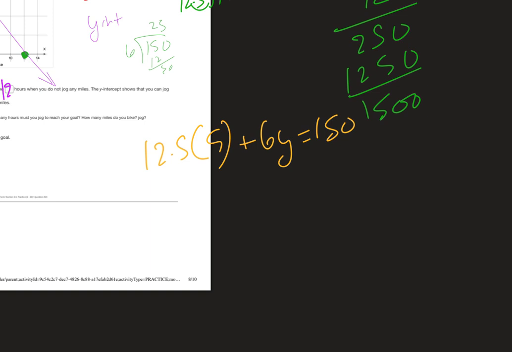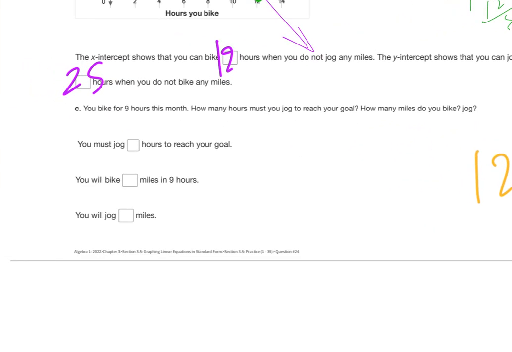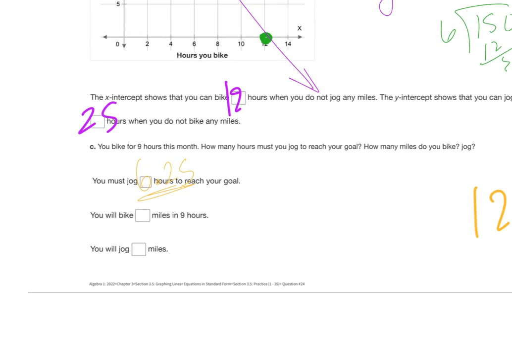Got a calculator. 12.5 times 9 is 112.5 plus 6y equals 150. If I subtract 112.5 from both sides, I get 6y equals 37.5. If I divide that by 6, I get 6.25.